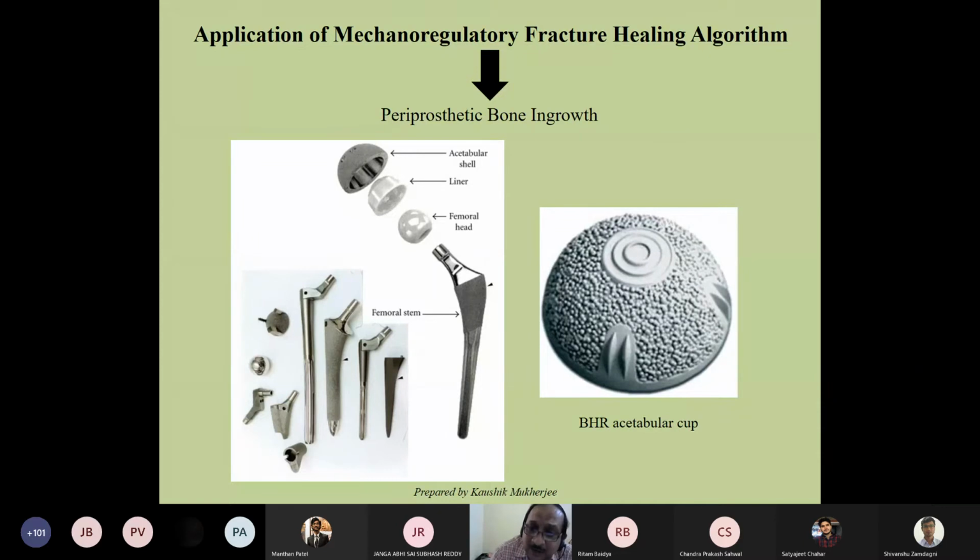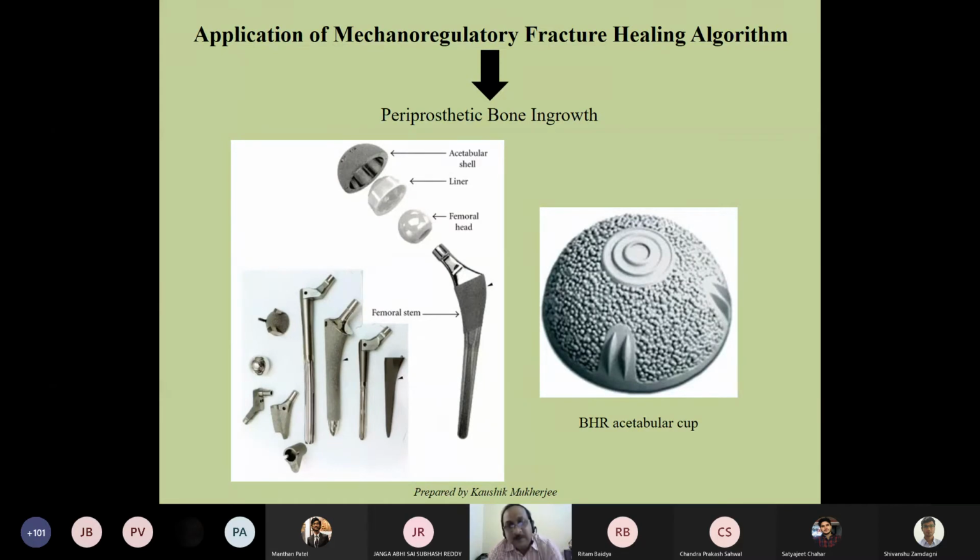The mechanical environment is grossly influenced by the overall design of the implant as well as the intricate design of the porous coating. If you search the internet and do a literature review on the types of porous coating, you will get quite a range of different designs that have evolved in the market that ensure better fixation through mechanical interlocking formed between the porous coating and the bone matrix.